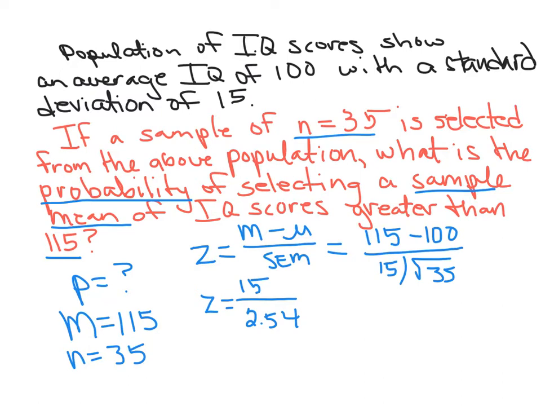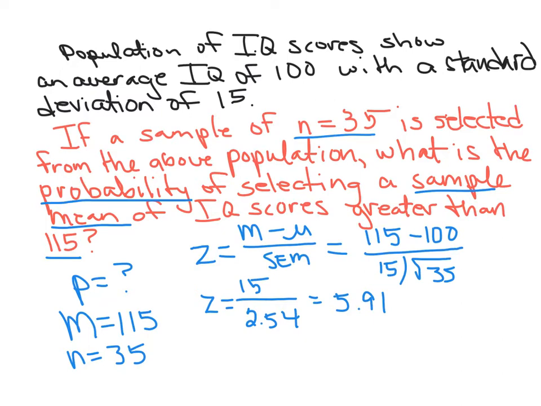So if I do 15 divided by 2.54, then we end up with 5.91, right? Let me double check that. That is a huge z-score, but that's okay.